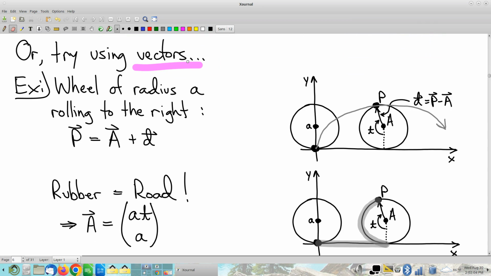Turns out that sometimes something that's hard to describe, like intractably hard to describe, on its own can be written as a sum of things that are just kind of easy. And this is one of those times. So what we've got here is a wheel, and I like to think of this as a wheel on a bicycle.